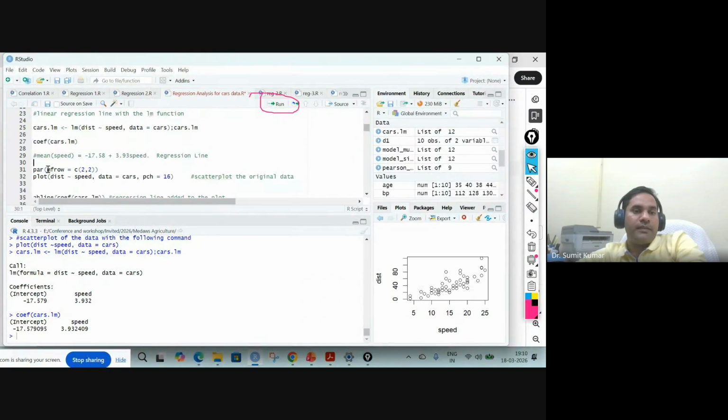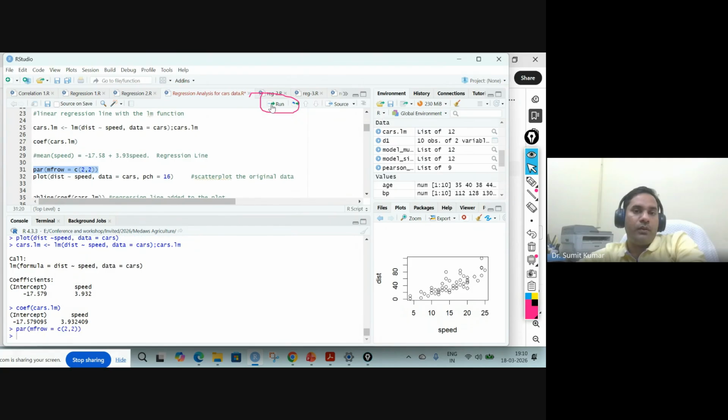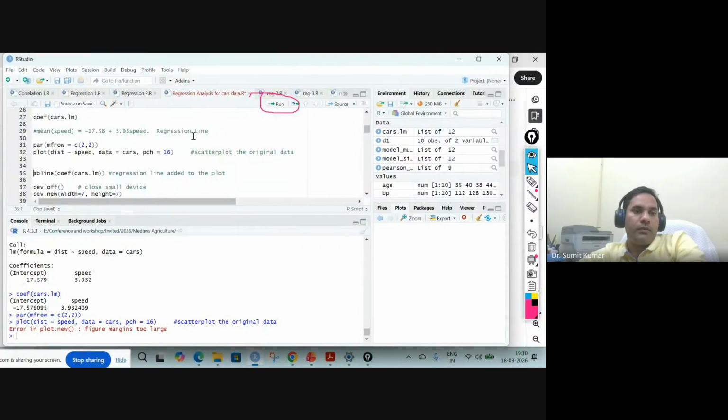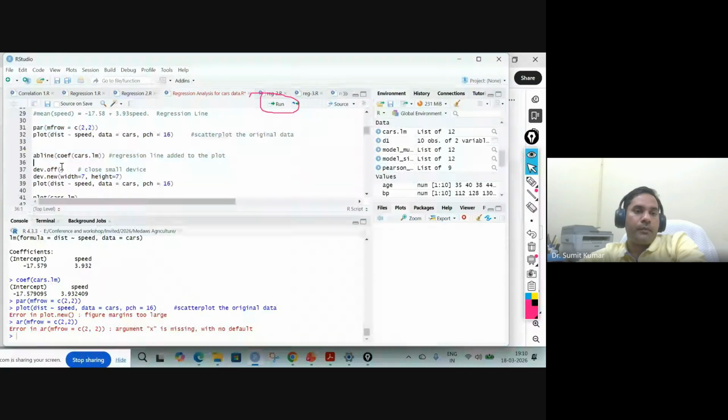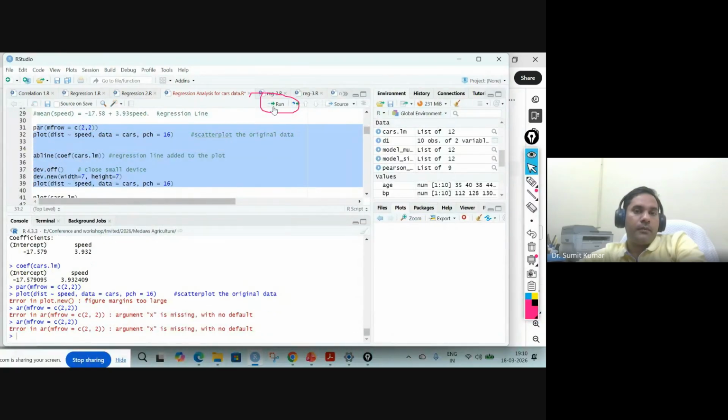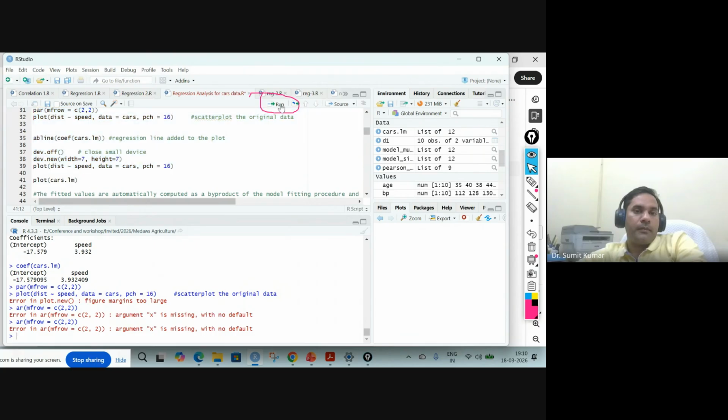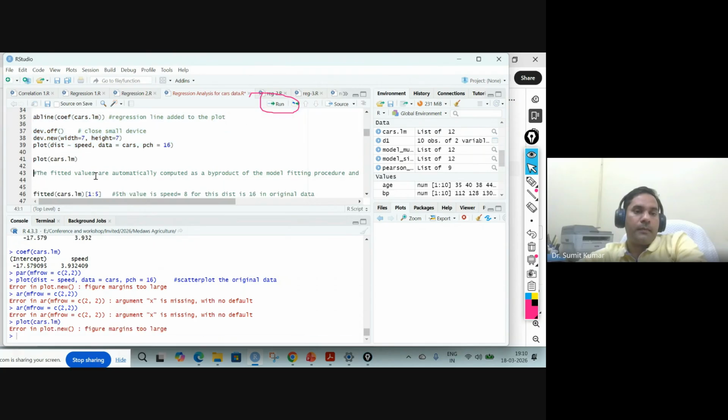This is the par command, used when you have to see more than one graph in a single window. So par mfrow, we have just used here, then plot. Again, it's showing the same error. Abline.